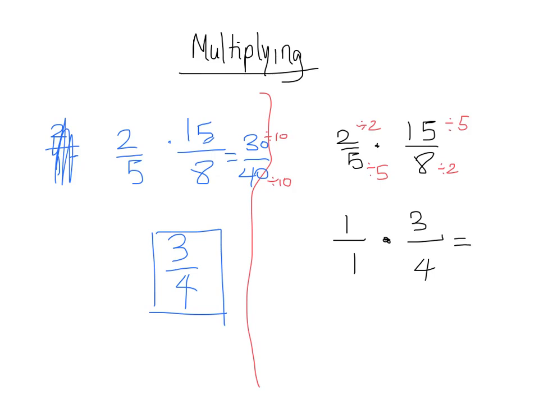So multiplying numerator by numerator, we have 3. Denominator by denominator, we have 4. And that's our answer. And as you can see, we got the same answer, which should give us confidence to move forward. All right, and that's how you multiply.